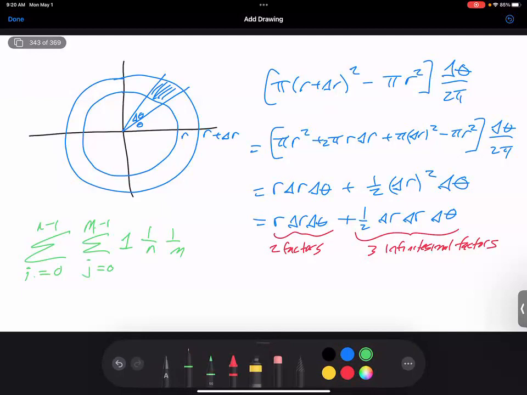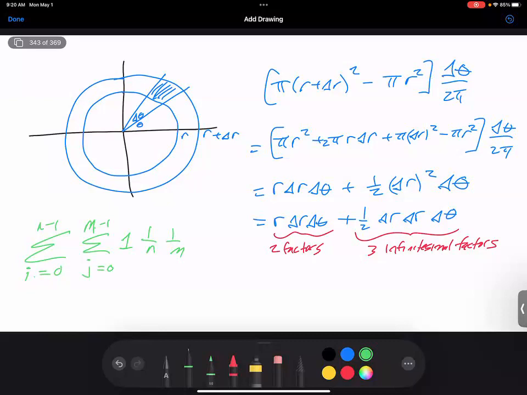So the first term, i goes from 0 to n minus 1. How many pieces do we have in the first term? n. And in the second, we have m terms. So for each choice of i, how many choices of j are there? m, right? When i equals 0, there are m summands. When i equals 1, there's m summands. When i equals 2, there's m summands.